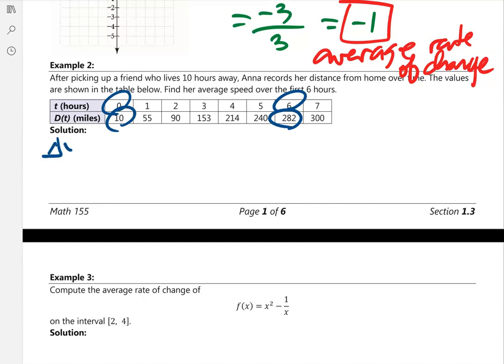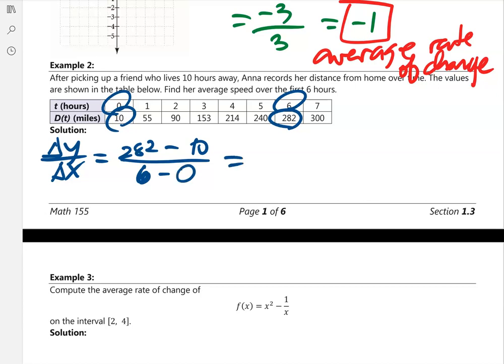So to solve, the change in y over the change in x is the last output, 282, minus the first output, 10, all over the last input, 6, minus the first input, 0.